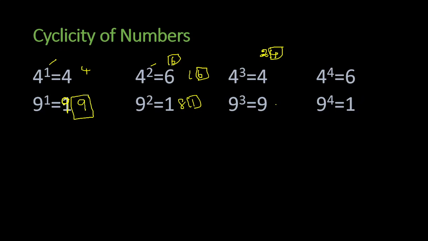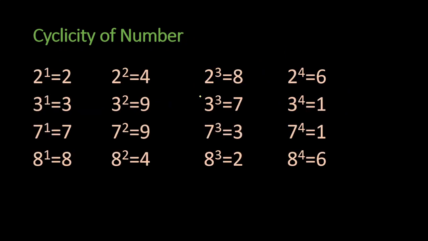So when the power is an odd number, we have 9 as a unit digit, and when the power is an even number, then we have 1 as a unit digit here. So it continues in this fashion. So all these 10 numbers put together will be very helpful to identify the unit digit.